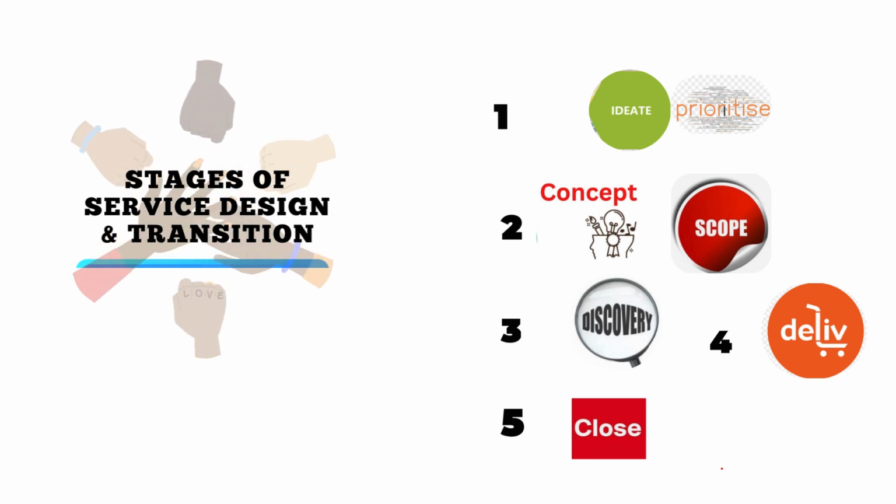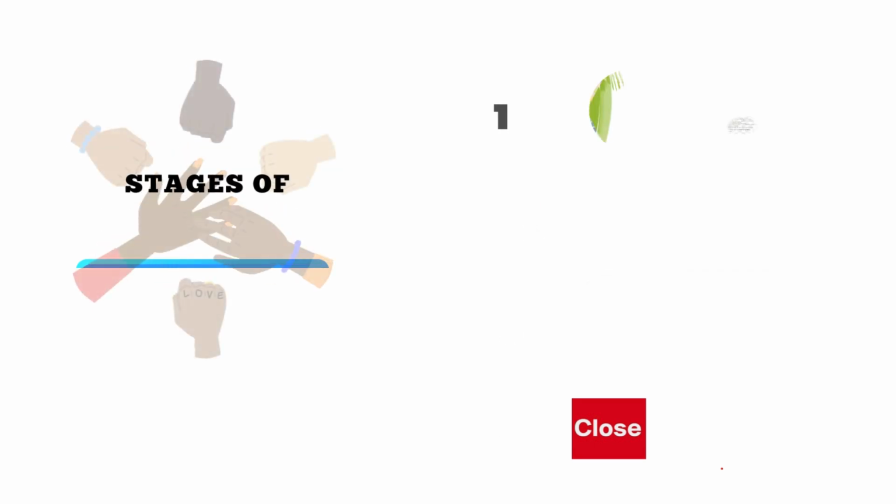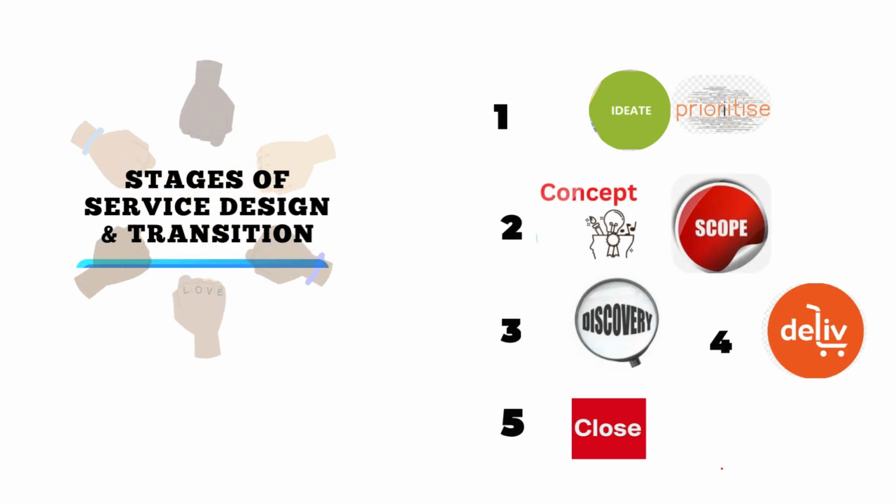In the third stage, you get the HLD approved and try to discover your deliverables, and see how we can deliver them, how you would be placing the organization capability to support the impacted business service. That is discover. Deliver: you deliver it, get their feedback and modify it. And then comes the fifth stage, where you mark it as closed. So this is in a nutshell the 5 different stages of service design and transition.